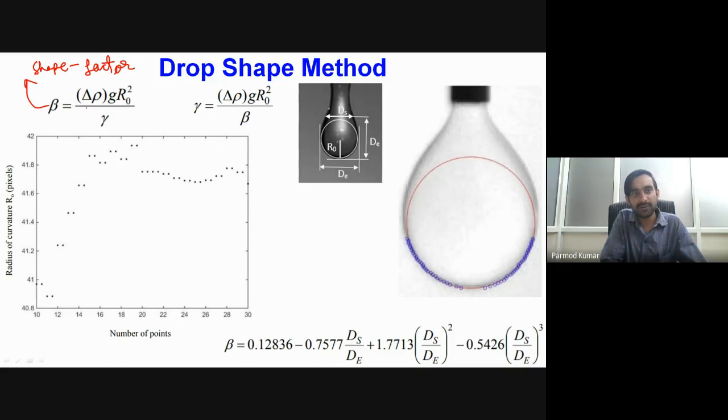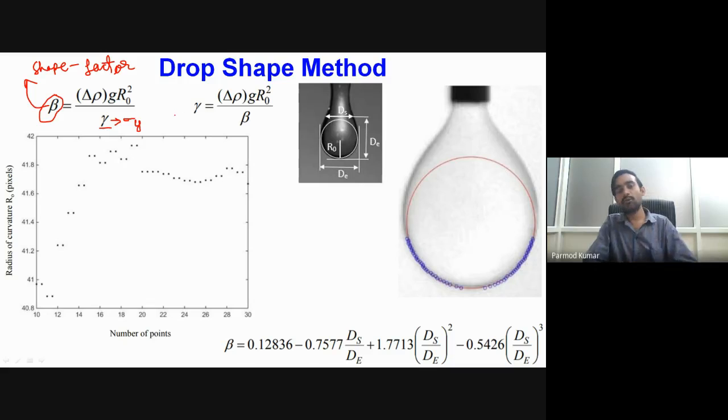Here r naught is equivalent to b, and below there is gamma, which is equivalent to sigma LF, the surface tension of the liquid. So if we know the value of this shape factor beta, we can determine gamma, our surface tension of the liquid.